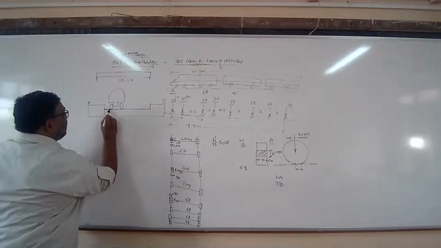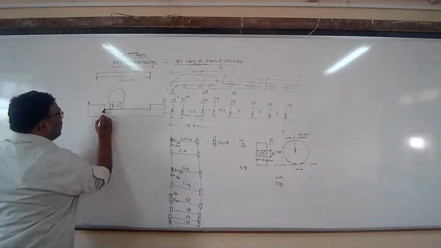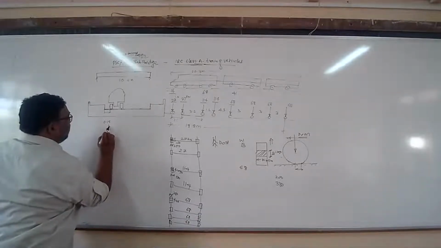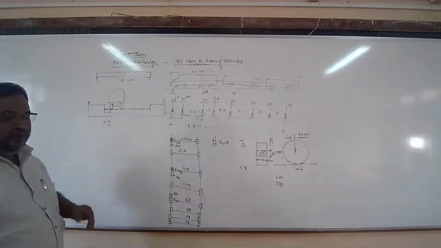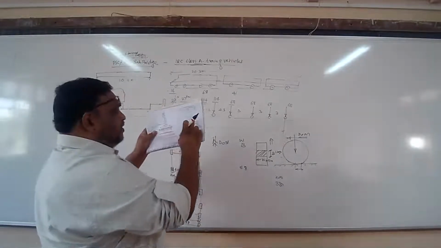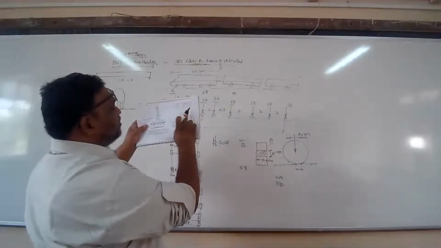The minimum clearance here from the outer of this wheel to the face of the curb must be equal to 0.15 meter. That is given in the code. Please refer to page number 30, figure 3, minimum clearance.